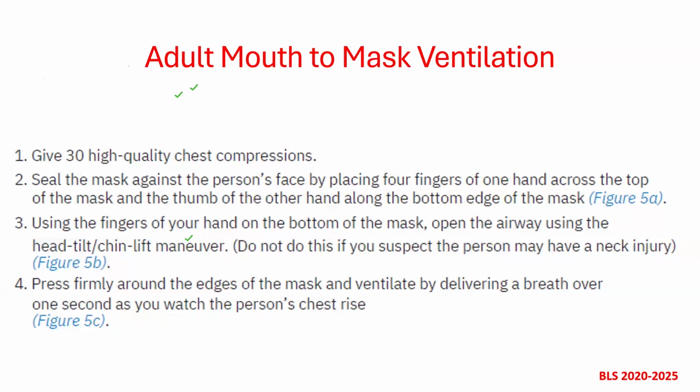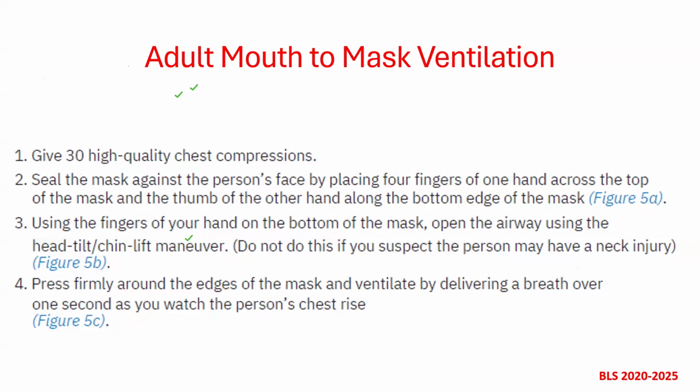Seal the mask against the person's face by placing the fingers of one hand across the top of the mask and the thumb of the other along the bottom edge of the mask. Using the fingers of your hand on the bottom of the mask, open the airway using the head tilt and chin lift maneuver. Do not do this if you suspect the person has a neck injury.